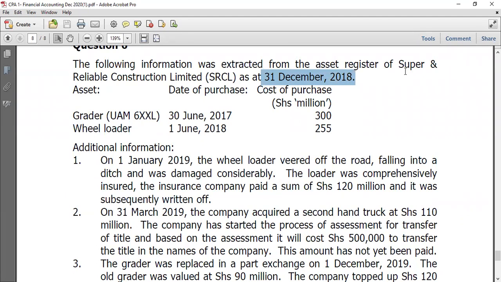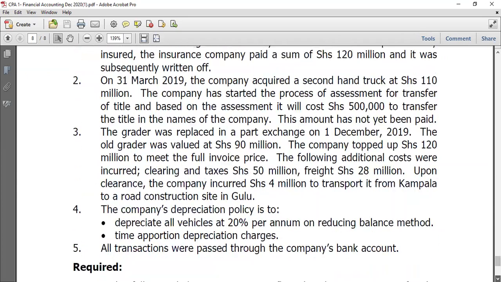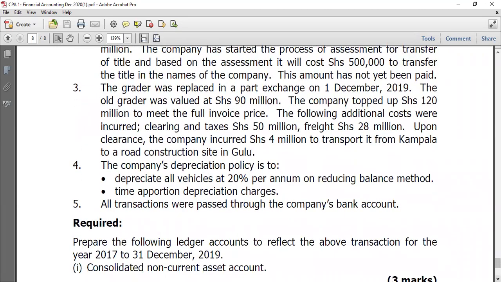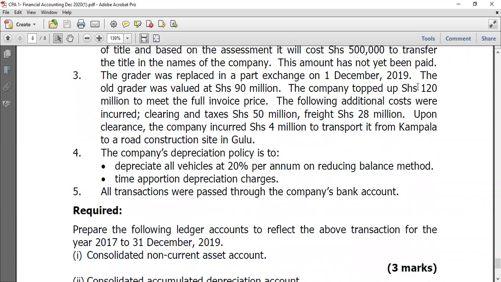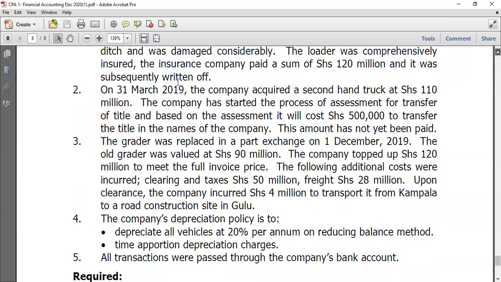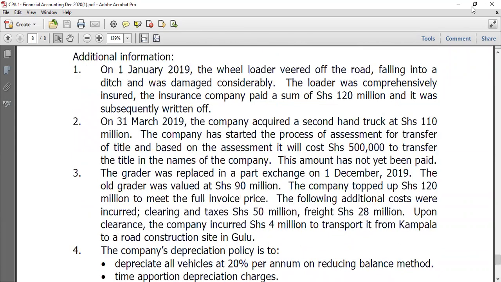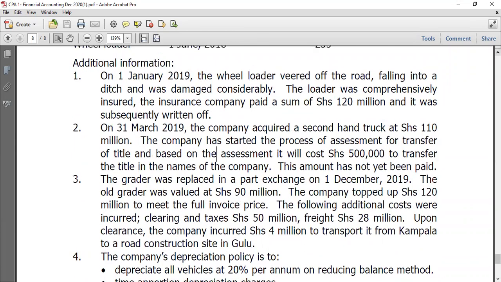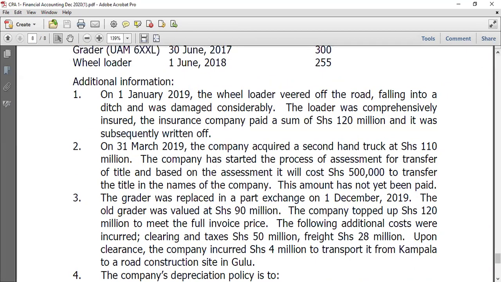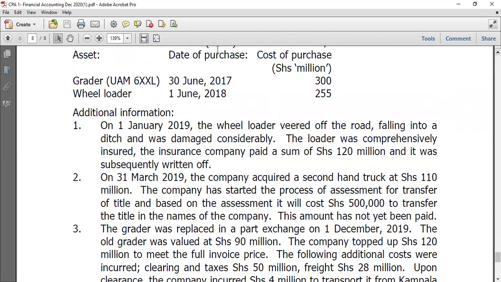Following the instruction, we extracted the asset register as at 31st December 2018. So let me first close off 2017, as nothing happened in the middle within the additional information, especially in 2017. If there's nothing that happened, then I'm going to close off my accounts before I move to 2018.